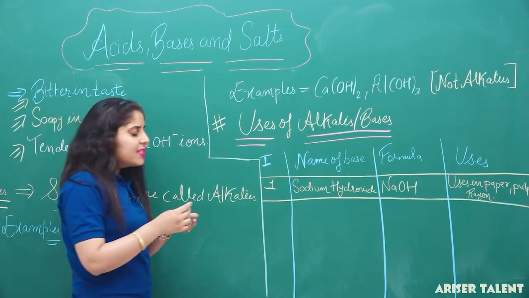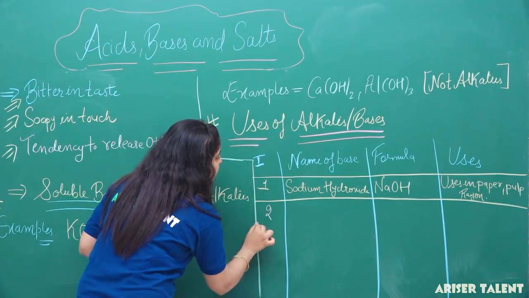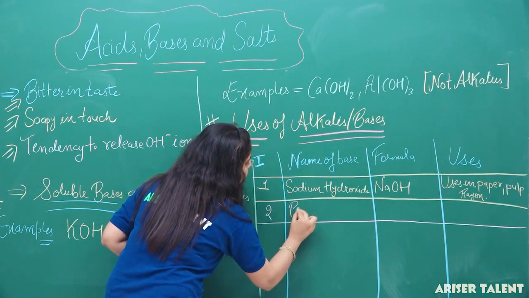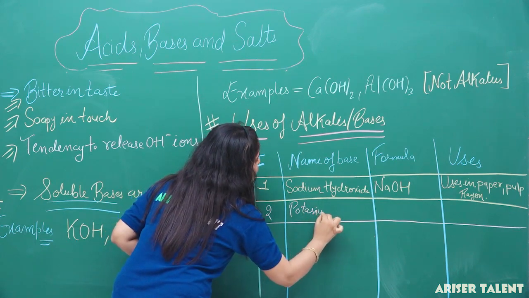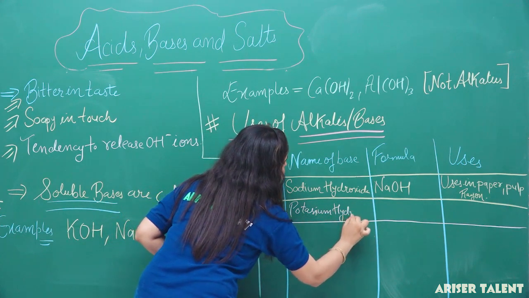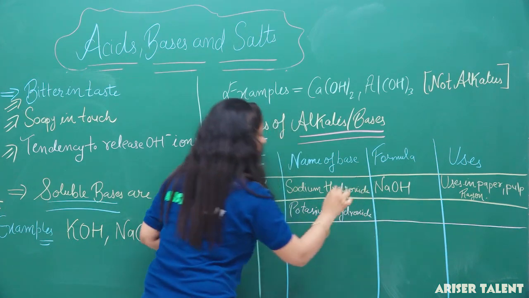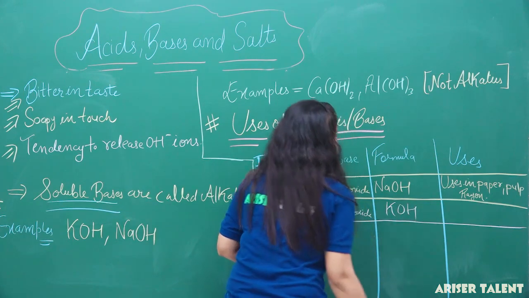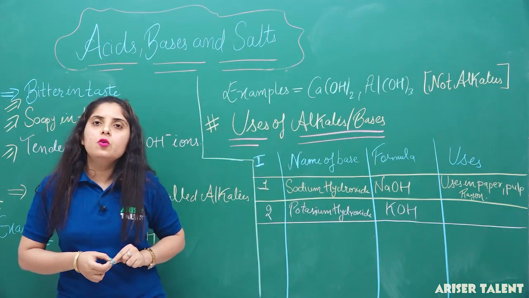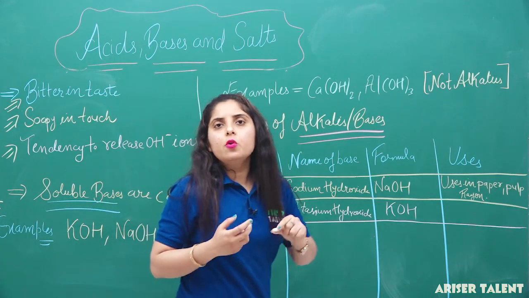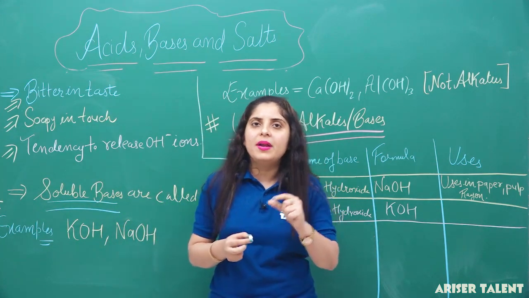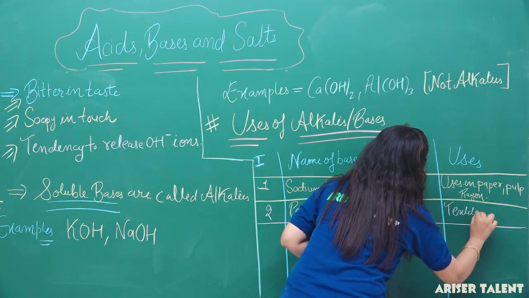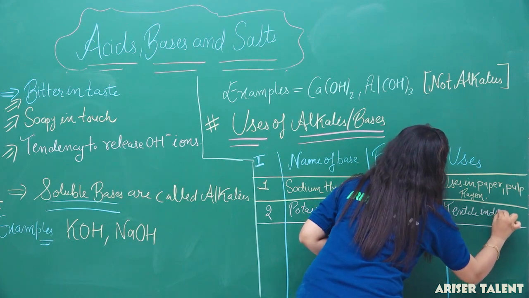Now we are moving to our next base, the second, that is potassium hydroxide. Potassium hydroxide has the general formula KOH. This KOH is basically used in textile industries. It is again used in the extraction of certain metals, but its basic use will be in textile industries.